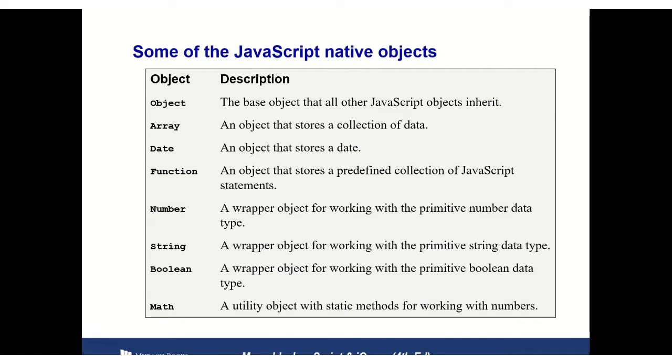You will learn more about it later, but right now let's say that all the objects that we are going to work with in the JavaScript framework are all derived from the object. The first one, as you see in the slide, is the object, so it is the base object.